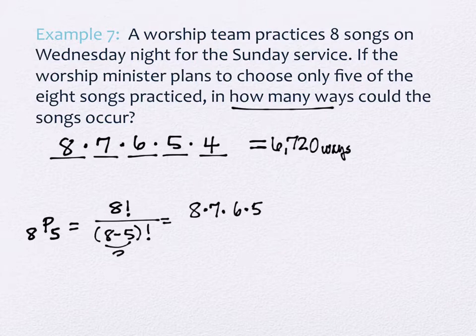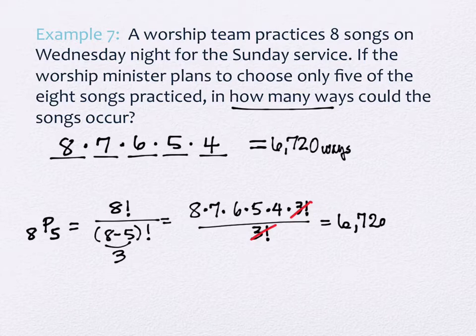And because this is a 3, I'm going to write this out till I get to 3 factorial times 4 times 3 factorial. And then my 3 factorial on the bottom will match up exactly with the 3 factorial on the top. They cancel, and then I'm left with multiplying the same numbers I did when I did the fundamental principle of counting. So I get the same thing either way. The perspective is a little bit different.